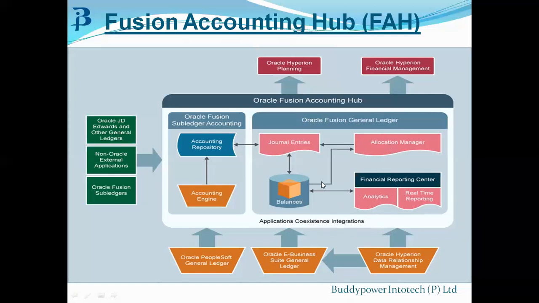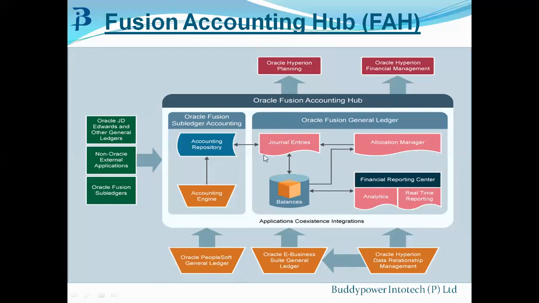Another feature of Oracle Fusion Accounting Hub is that it has harmonious coexistence integrations with your E-Business Suite and your PeopleSoft ERPs, the general ledger, wherein you can transfer the accounting balances from the EBS and PeopleSoft to the FAH GL using the Oracle Hyperion Data Relationship Management.